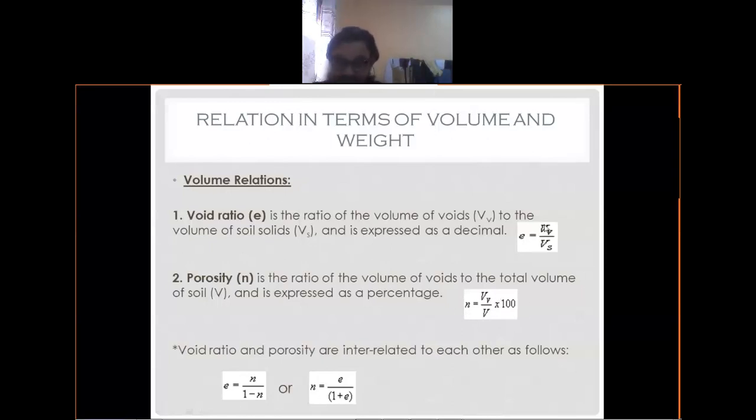Now I think you can see the similarity and difference between these two relations. They are almost similar, so don't be confused between void ratio and porosity.